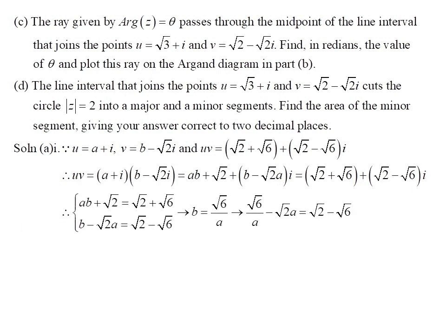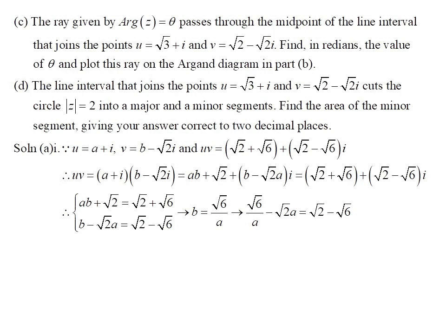two simultaneous equations are established to find the values of a and b. So we have a times b plus square root 2 equals square root 2 plus square root 6, and b minus square root 2 a equals square root 2 minus square root 6. That gives b equals square root 6 over a.